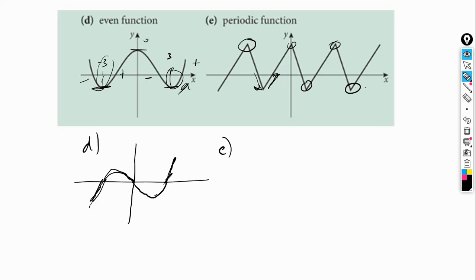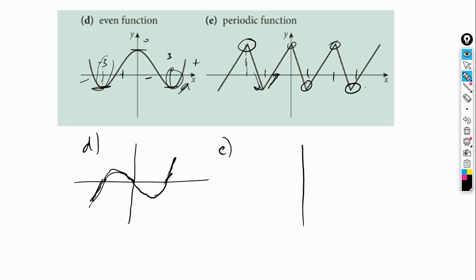Okay, so let's call these points just for the sake of a little guide. Let's say this is like -3, then -2, -1, 0, 1, 2, and 3. So that's where it's going to be undefined, right?